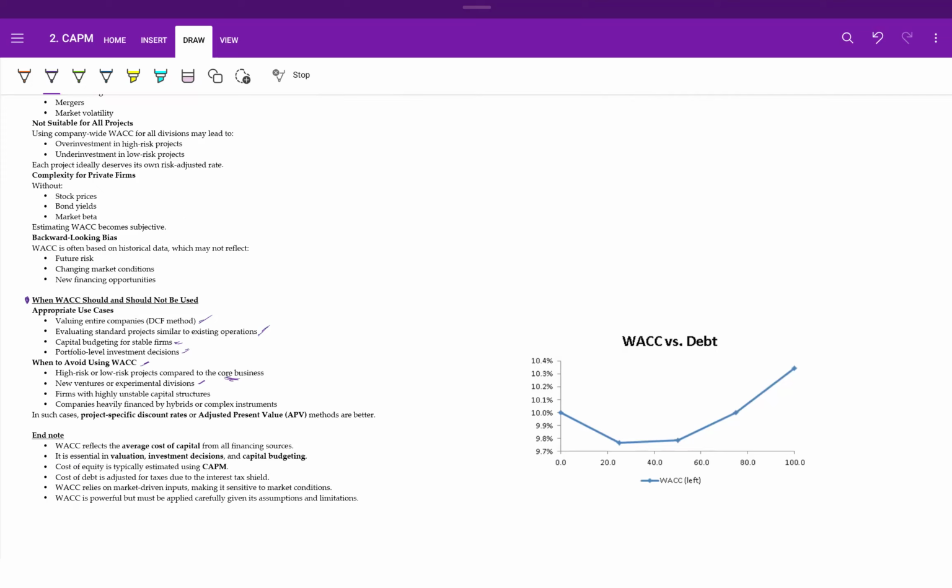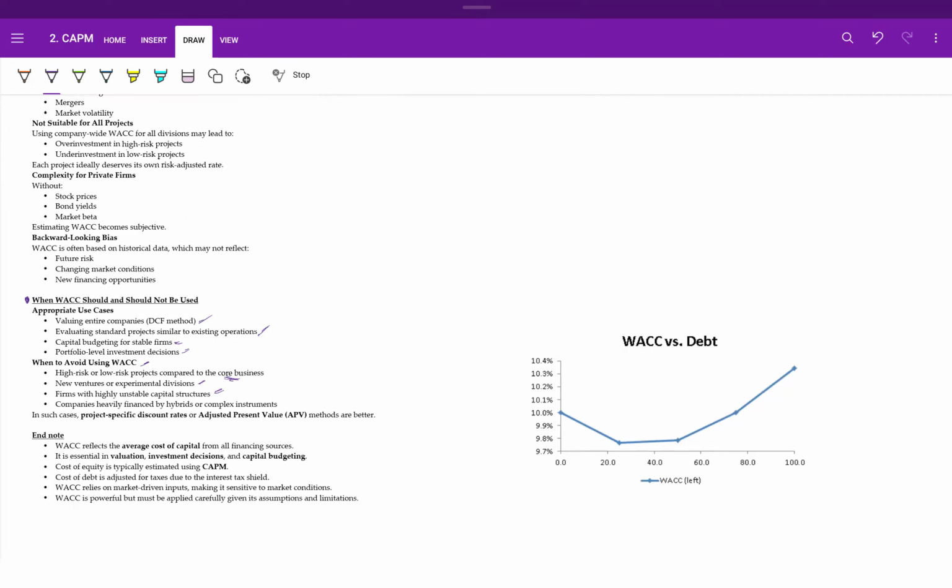Firms with unstable capital structure should also not be using weighted average cost of capital because the foundation of weighted average cost of capital is capital structure. But once the capital structure changes, the weighted average cost of capital also changes. So that's why it's advisable to avoid using weighted average cost of capital when the capital structure is not stable.